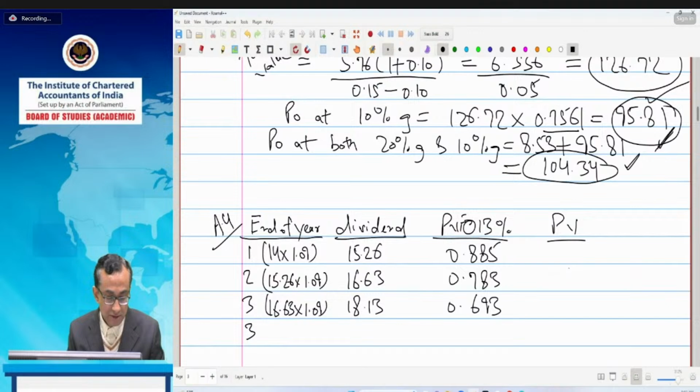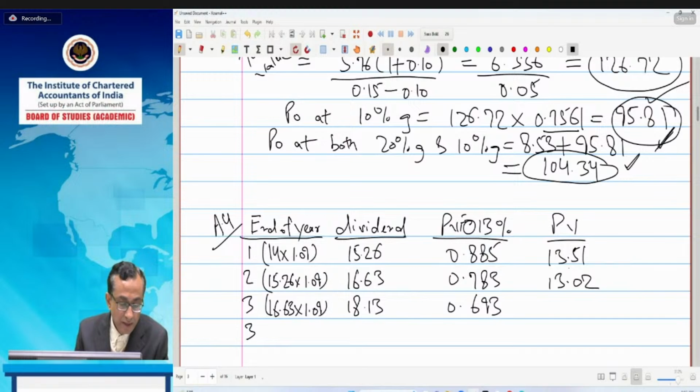Okay, now let us multiply this. So 15.26 multiplied by 0.885 will come to 13.51, and 16.63 multiplied by the present value factor 0.783 comes to 13.02, and 18.13 into 0.693 comes to 12.56.